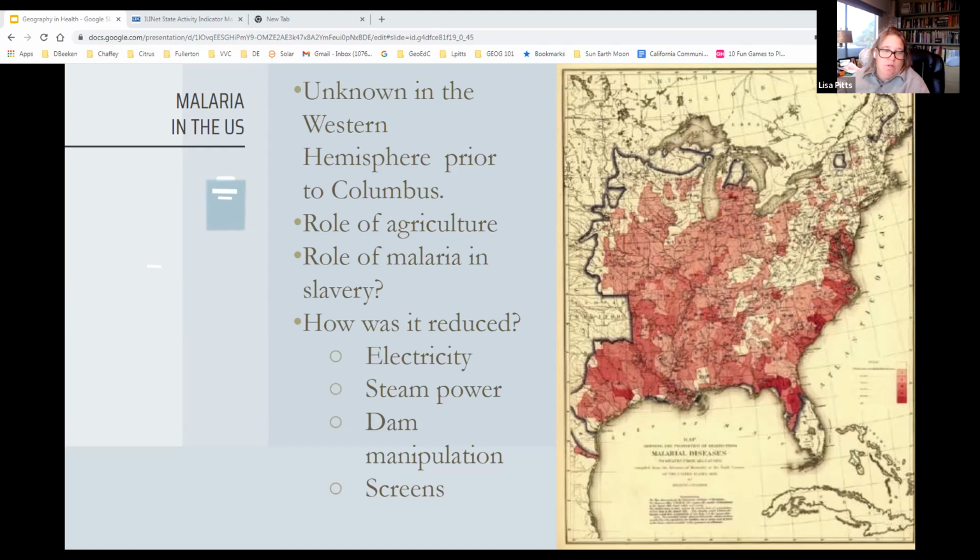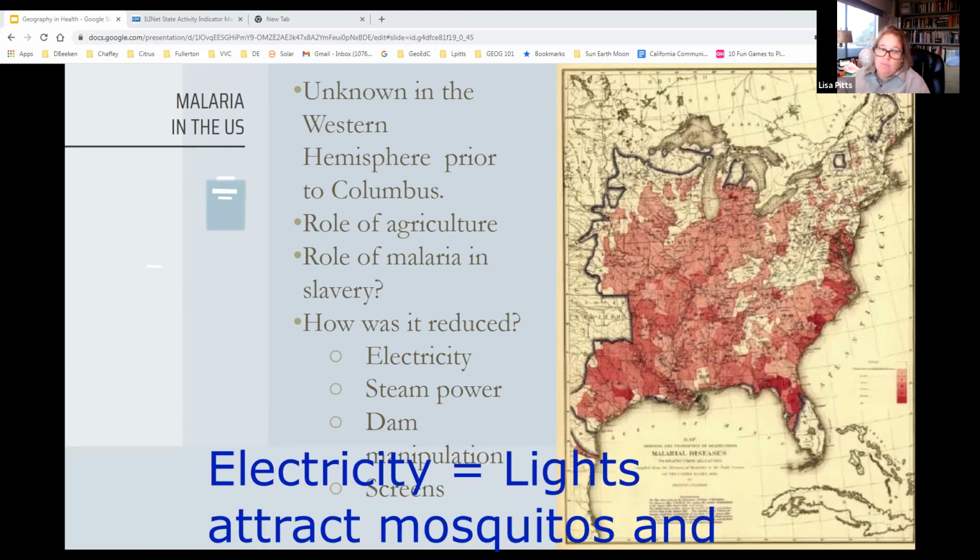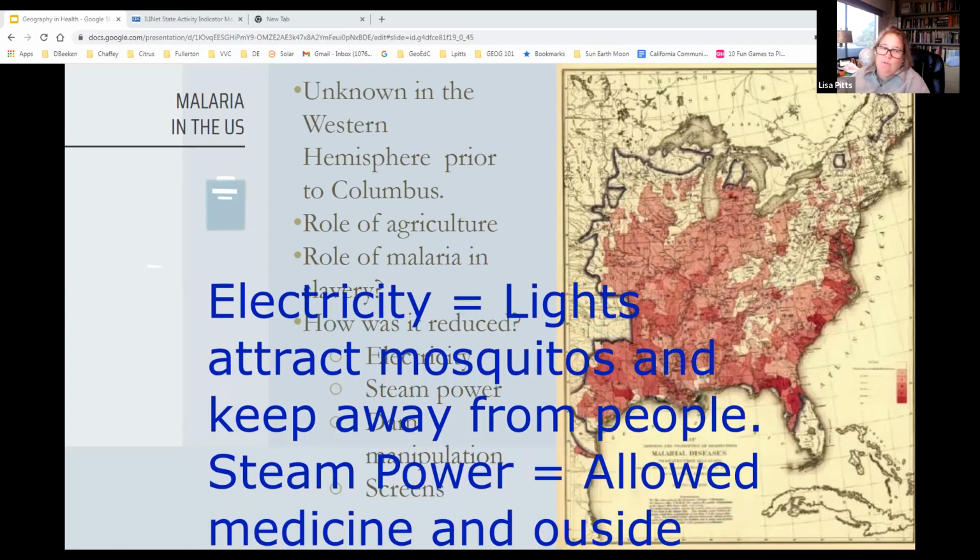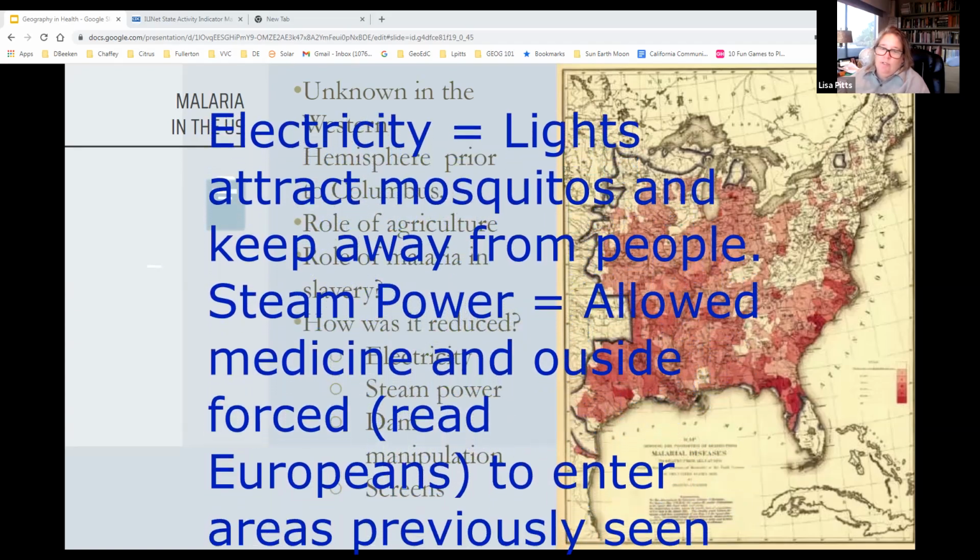So the four ways it was reduced: first, electricity, so we're using lights, and we're able to kill the little mosquitoes. Steam power.